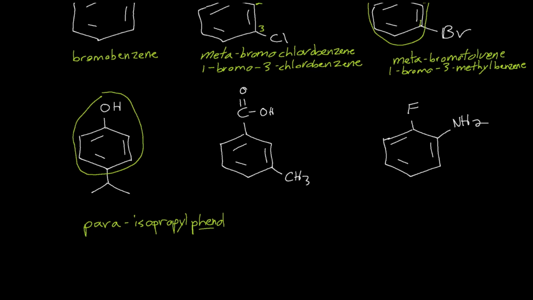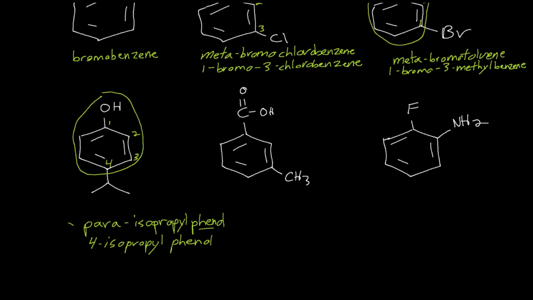Para-isopropyl phenol, or you could say 4-isopropylphenol in this case, because everyone knows that the -ol in phenol would be numbered 1. So you'd have the isopropyl group at the 4 position. But most everyone would call it para-isopropyl phenol.